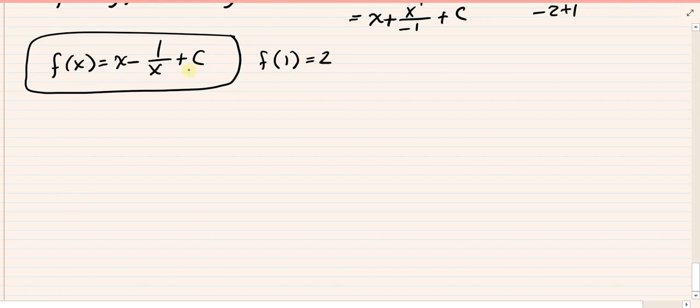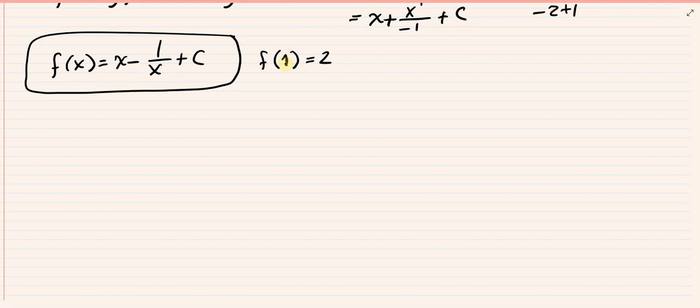What the first part does is give you a whole bunch of functions that satisfy this integral. But only one of them meets this initial value condition, that f at 1 would be 2. Only one of infinitely many will satisfy that condition.